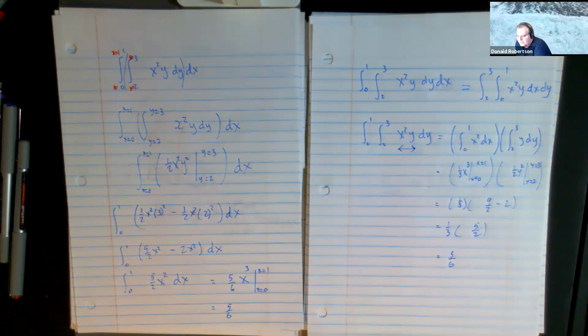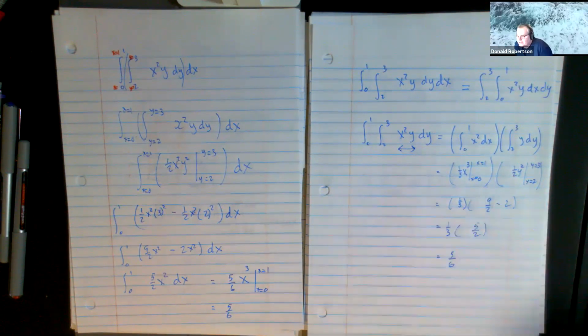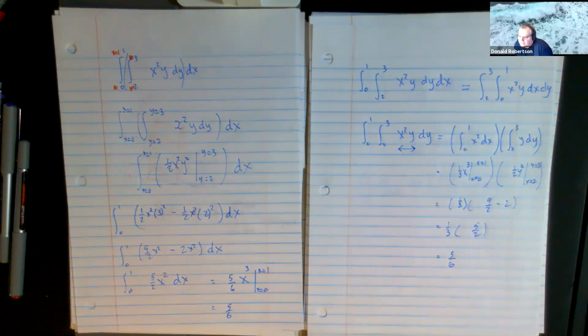That's not a good example, but the idea you're expressing is a good reason. There are some situations where doing the y first would be a real pain. But if you do x first, and then especially if x is 0 and 1, a lot of things disappear on you, and the next integral is a lot nicer than it would have been. So for calculation purposes, it can be useful.